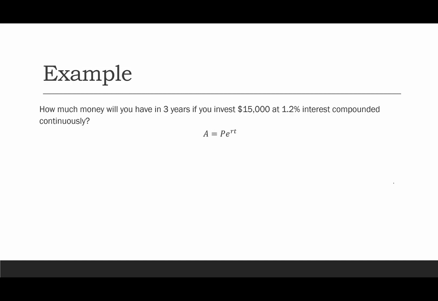Let's calculate how much money you will have in 3 years if you invest $15,000 at 1.2% interest compounded continuously. 15,000, that's my P, 1.2, there's my R, and 3 is my T. We have A equals 15,000 e to the RT, so this is 0.012 times 3.